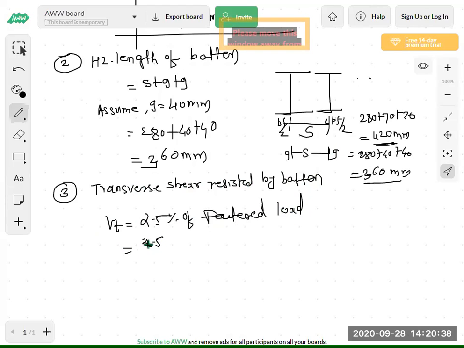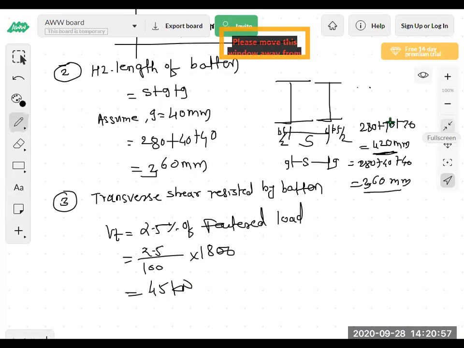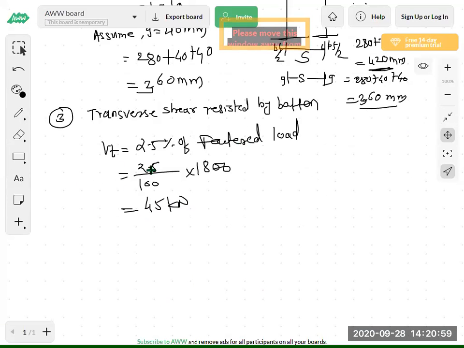So 2.5 divided by 100 into factored load, which is 1800. Calculate Vt transverse here. 45. Okay, correct, 45. So 45 kilonewton is this transverse shear resisted by the batten.